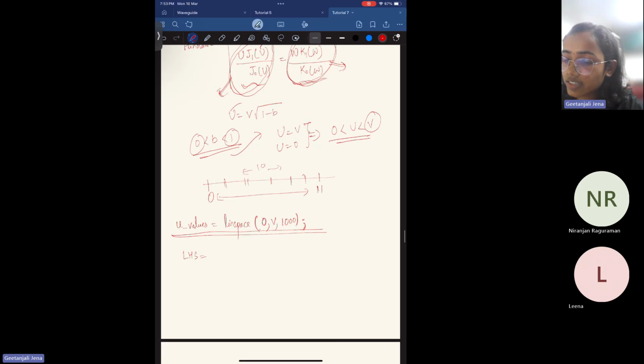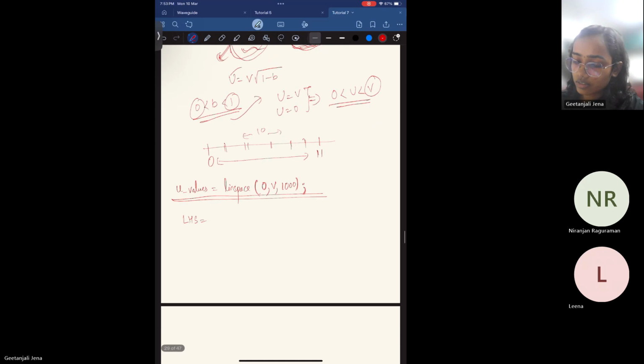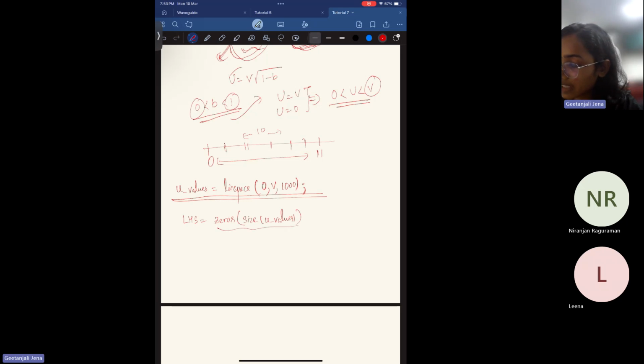So let us say initially they are all zeros, with the size of the u values.